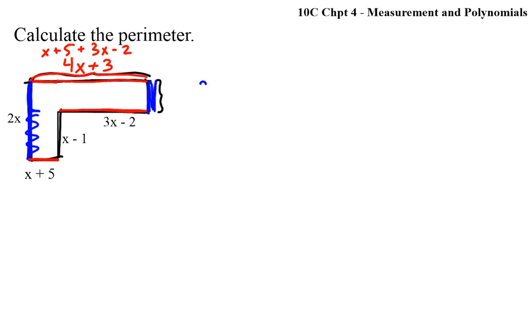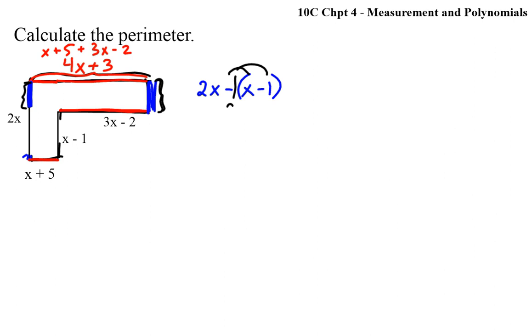So this length could be described as 2x, take away the part you don't want, which is x minus 1. But we want to subtract the whole thing, so we need brackets. So this 2x length less the x minus 1 will give me the length over on our right side.